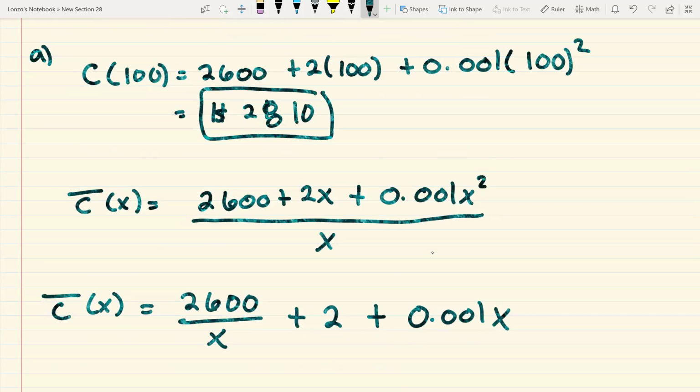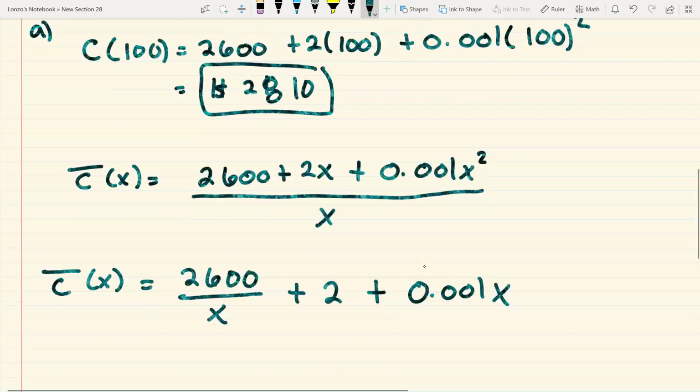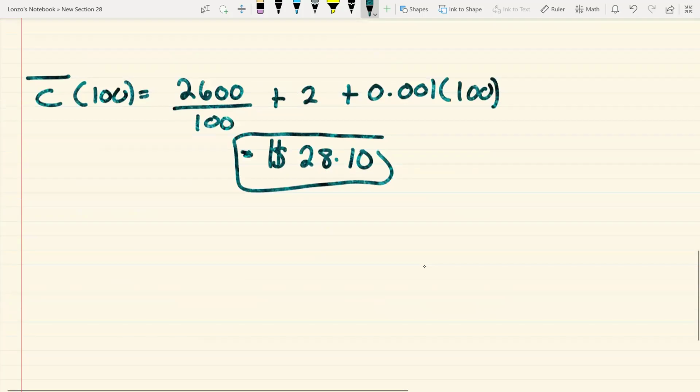Okay, the third thing they're also asking is the marginal cost for producing 100 items. So how do you find the marginal cost? Basically, it's just the first derivative of the cost function, right? You can express it as dC over dx, or as C prime of x. It's the same thing.